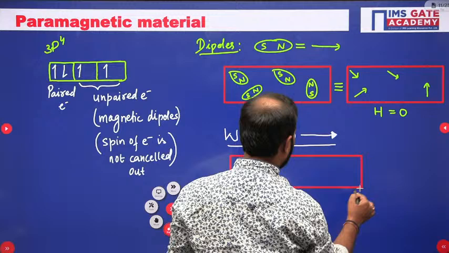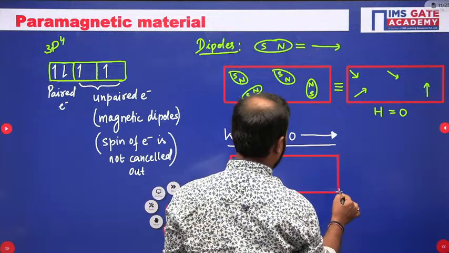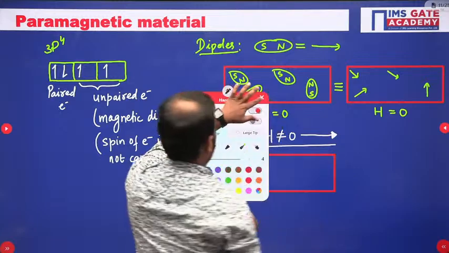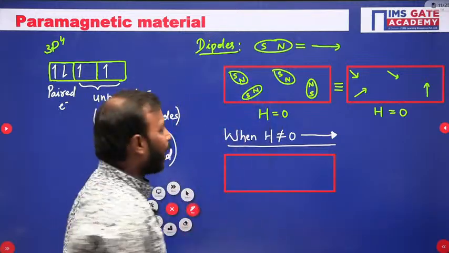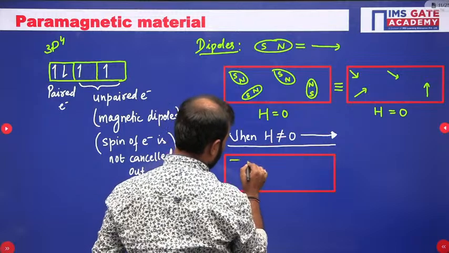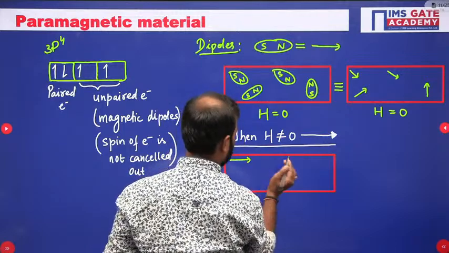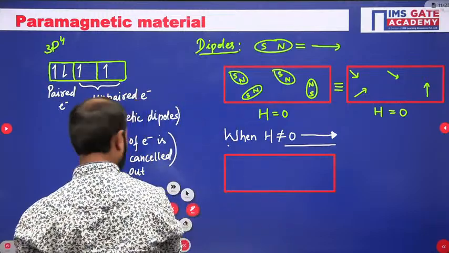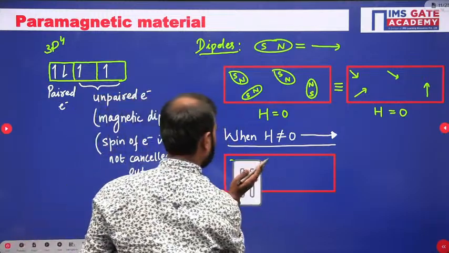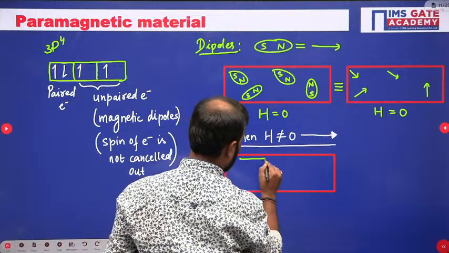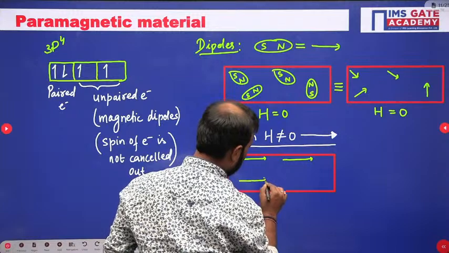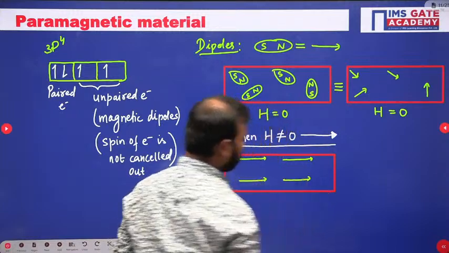Okay, so when magnetic field is applied, see what is going to happen. It will align in this direction, south to north. One dipole, two dipole, third dipole and fourth dipole.